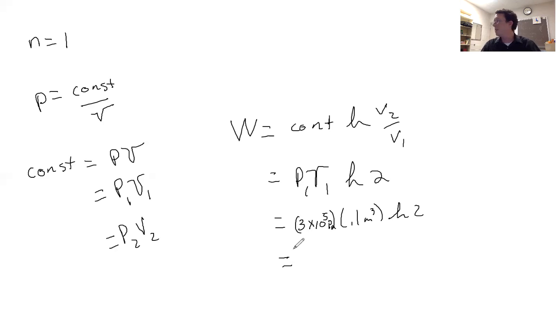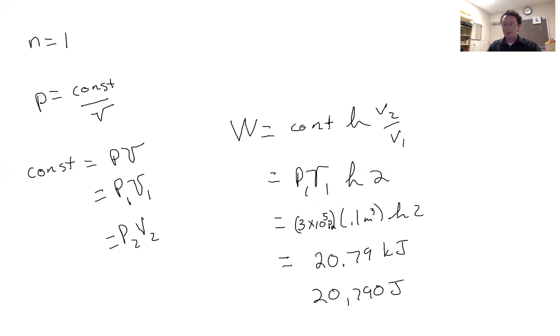Typing in the numbers and checking with my work from before, I didn't want to do it on the fly, is 20.79 kilojoules, or 20,790 joules. Right, that was n equals 1.